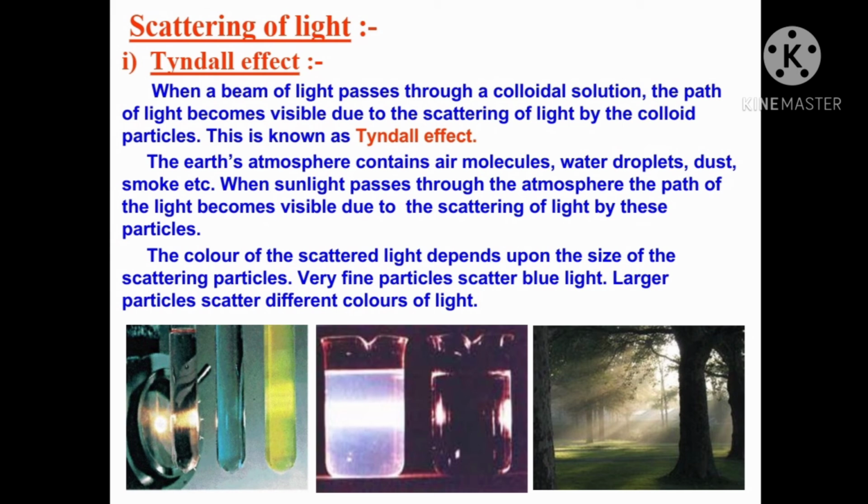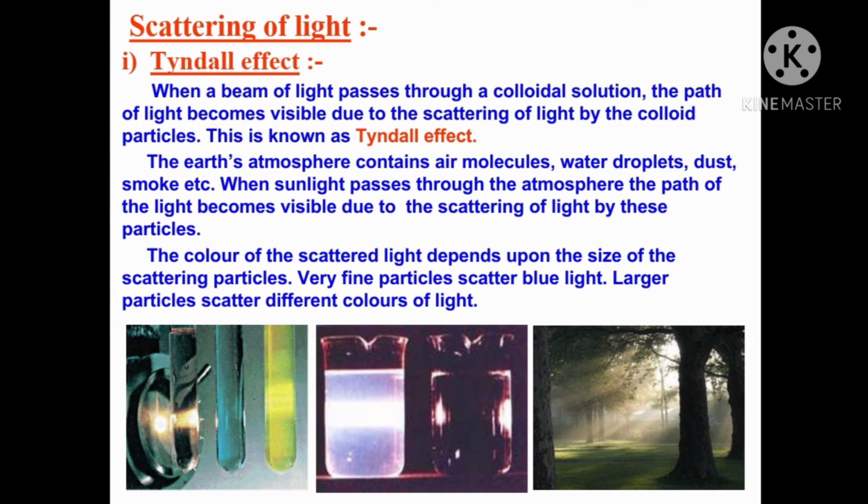The phenomenon under scattering of light is the Tyndall effect. When a beam of light passes through a colloidal solution, the path becomes visible due to scattering of light by the colloid particles. This is known as the Tyndall effect. The Earth's atmosphere contains air molecules, water droplets, dust, smoke, and many other tiny particles.